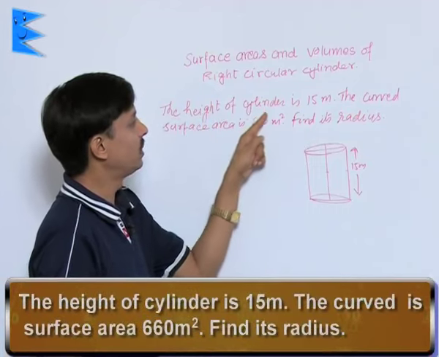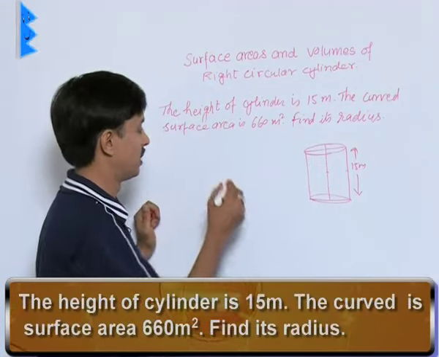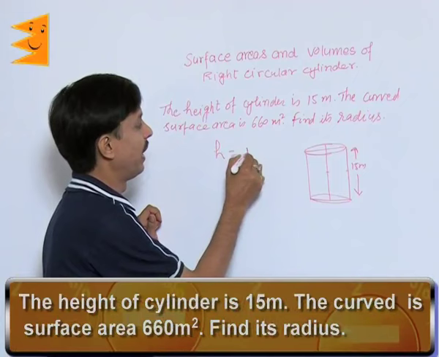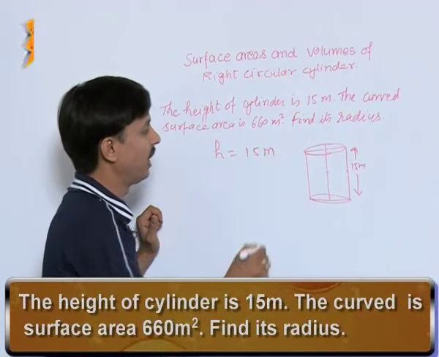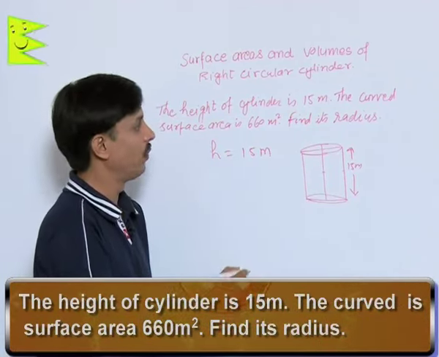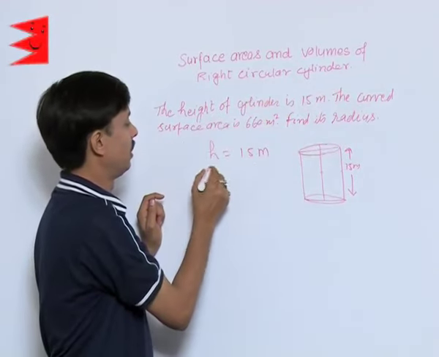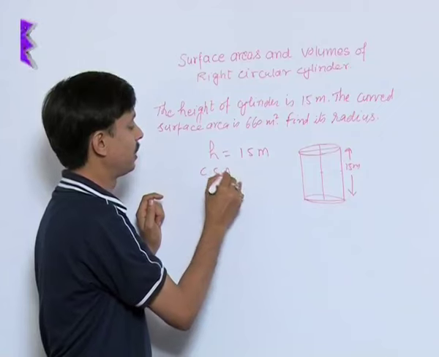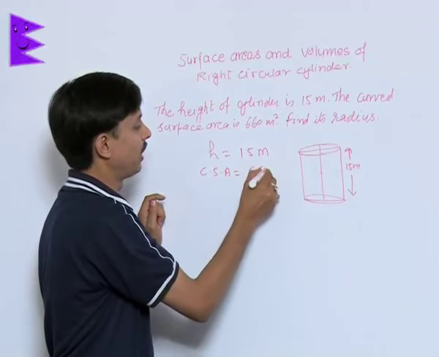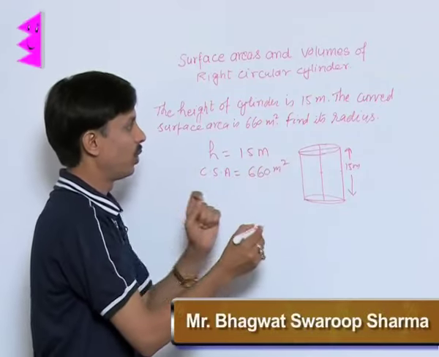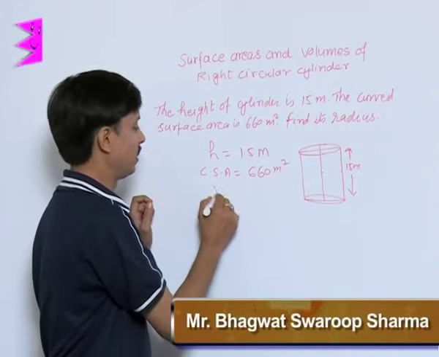The height of a cylinder is 15 meters. That is, small h we use to indicate the height of the cylinder, 15 meter. The curved surface area, CSA, is 660 meter square.